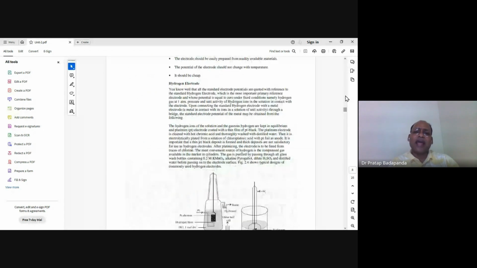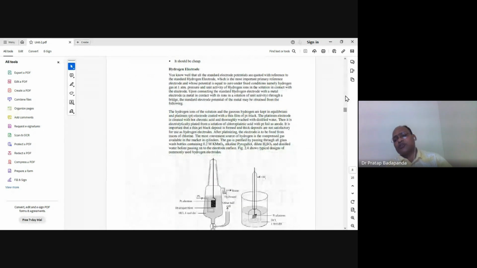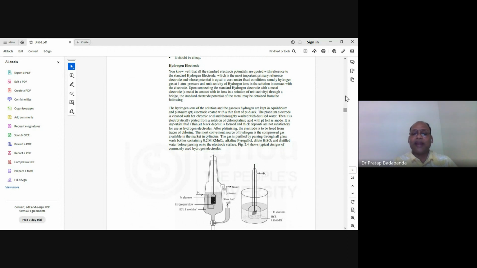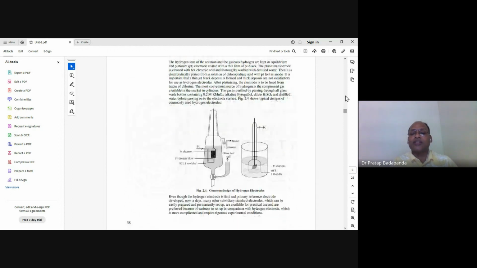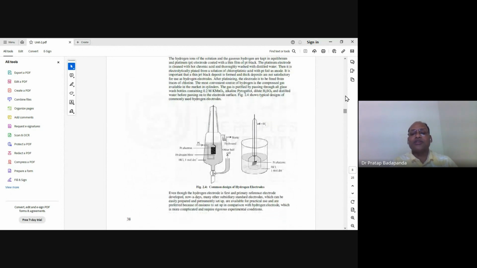On the basis of that, the first electrode is the hydrogen electrode. The hydrogen electrode can be used as the reference electrode quite easily. Why? I told you a platinum wire is there. If you go through this picture, you will see that a platinum wire is wrapped and dipped in hydrochloric acid. Then it will produce hydrogen gas, and the hydrogen gas is used as the electrode here.